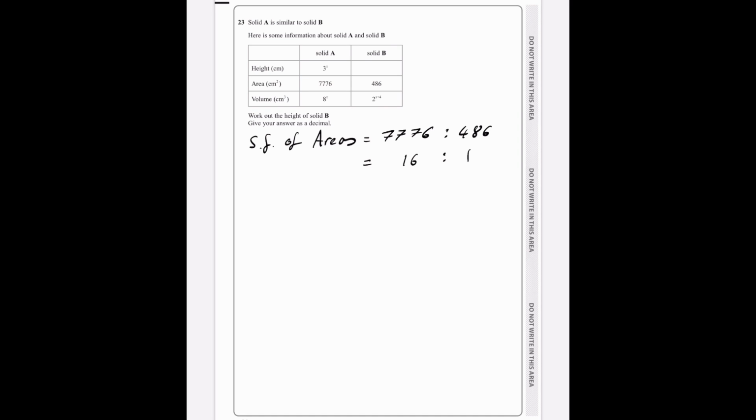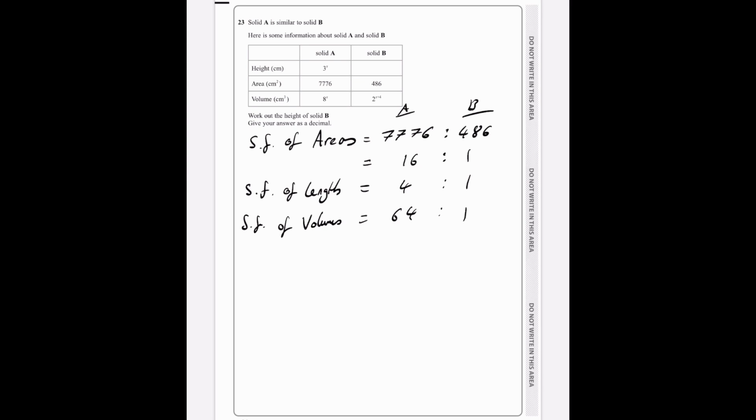To find the scale factor of lengths, I can square root both sides, and so the scale factor of lengths is going to be 4 to 1. And then if we take the scale factor of lengths and cube it, we get the scale factor of volumes. And so the scale factor of volumes here is 64 to 1.